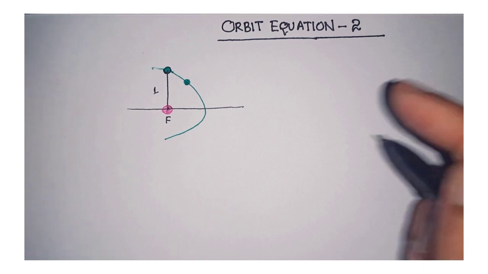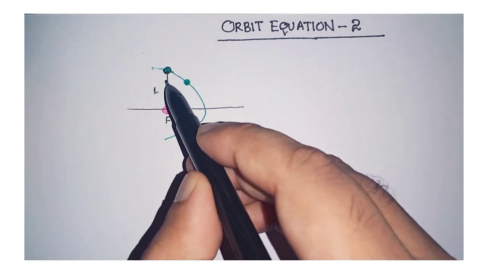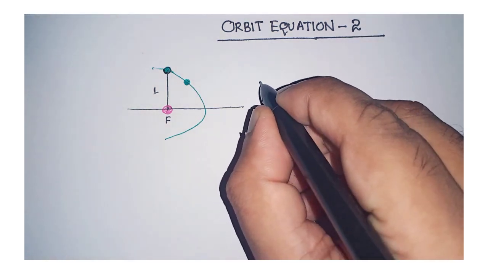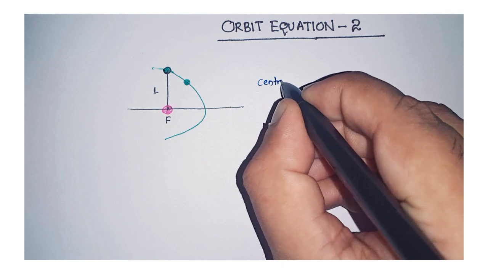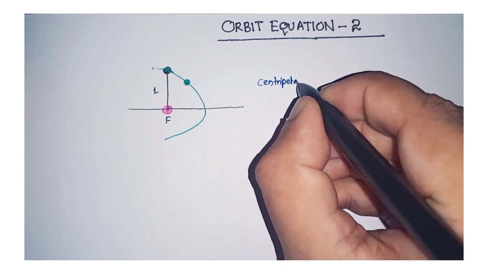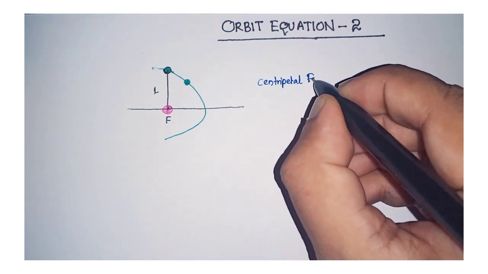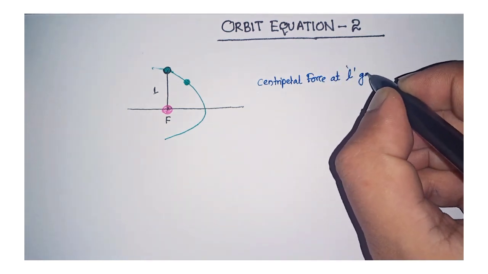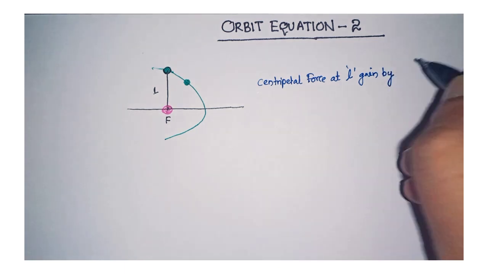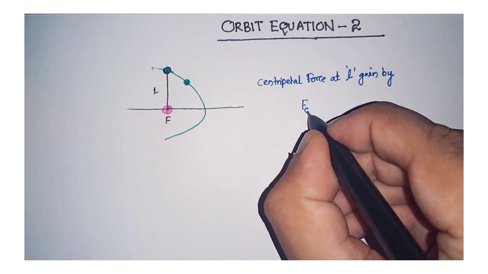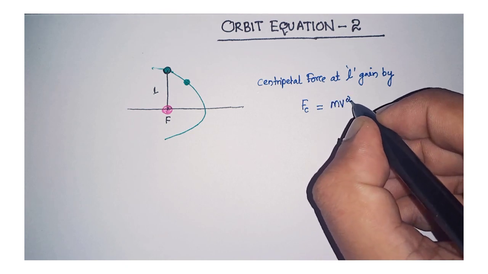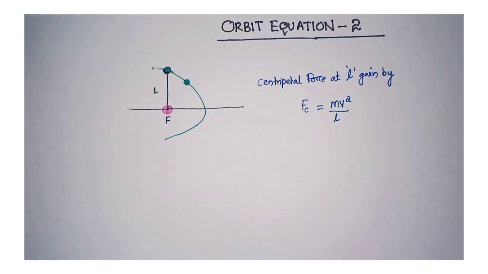Now let's say for any planetary motion with reference to L, we have a centripetal force, given by Fc. The centripetal force experienced at the latus rectum, Fc, is equal to mv square divided by L, because this is the distance of separation.